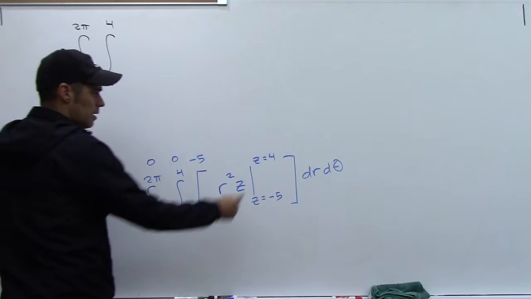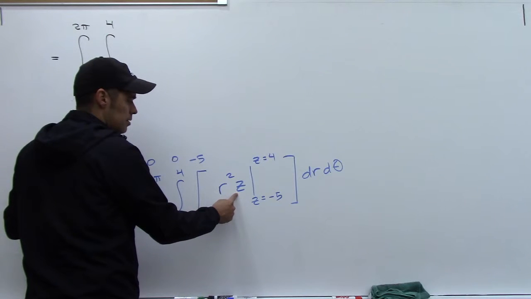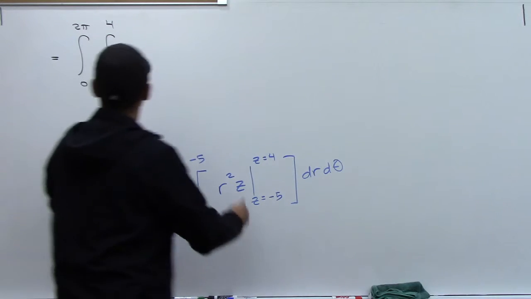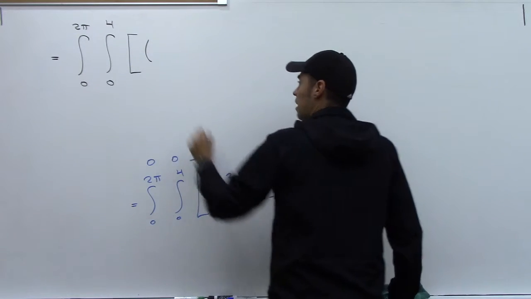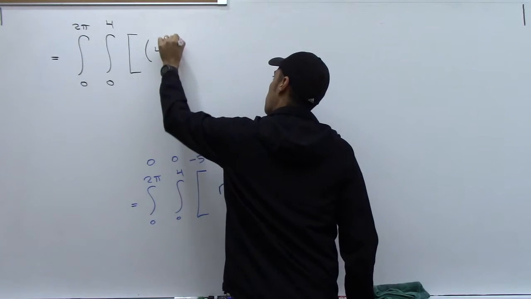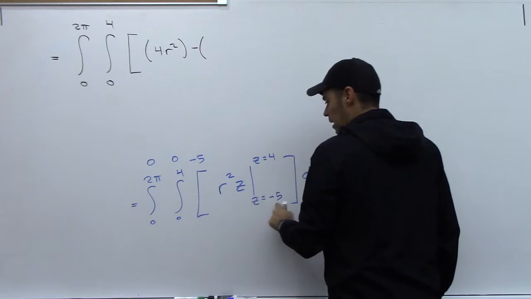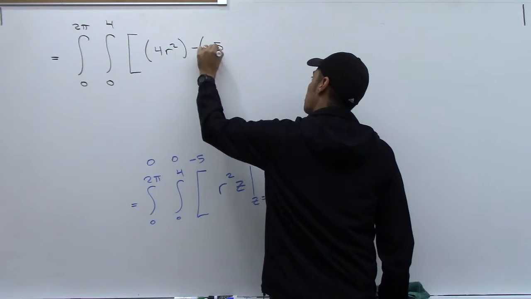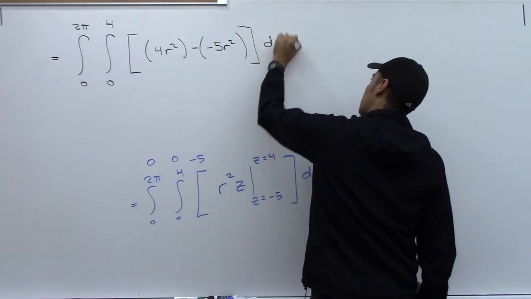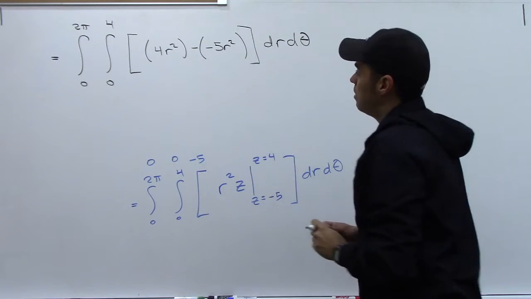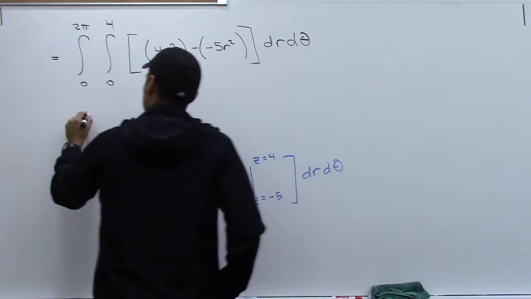And now let's plug in 4 for z. I get 4r squared. Plug in 4 for z, I get 4r squared. Minus, now I plug in -5, I get -5r squared. Dr d theta. So that's going to give me 9r squared.